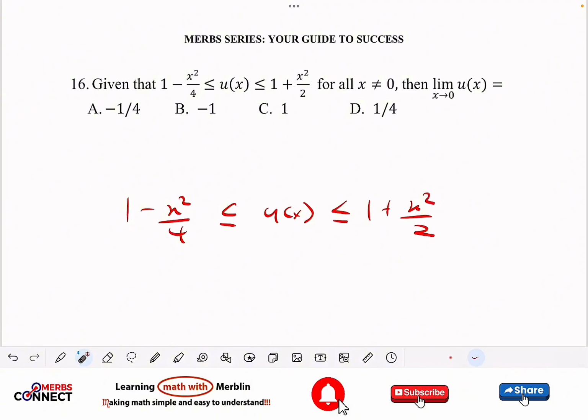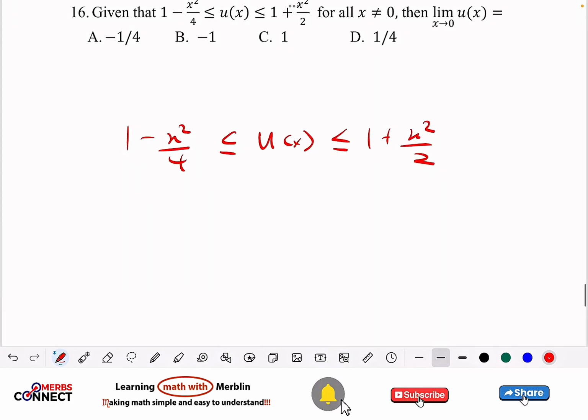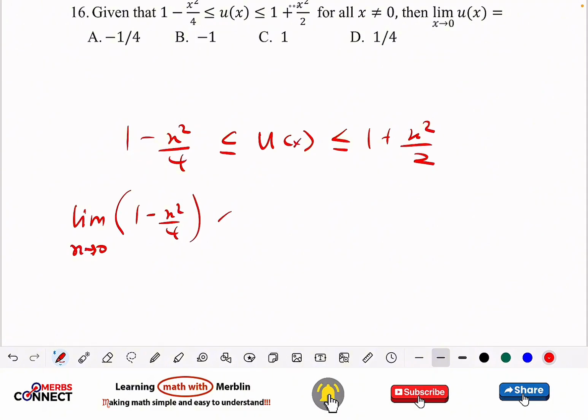For us to get the limit of u of x, we take the limit as x approaches 0 through all parts: the limit as x approaches 0 of 1 minus x squared over 4 is less than or equal to the limit as x approaches 0 of u of x, which is less than or equal to the limit as x approaches 0 of 1 plus x squared divided by 2.